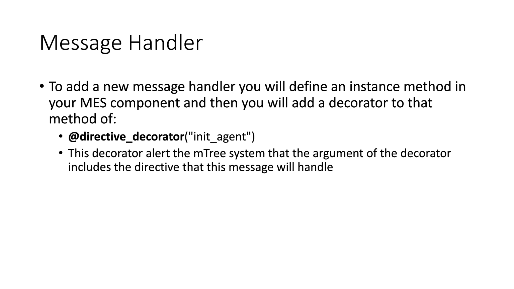So for example, if you have a directive of init agent, perhaps you want to set up an endowment or something like that, anytime the agent receives a message with the directive init agent, that method will be executed and any of the code that's in it will fire.